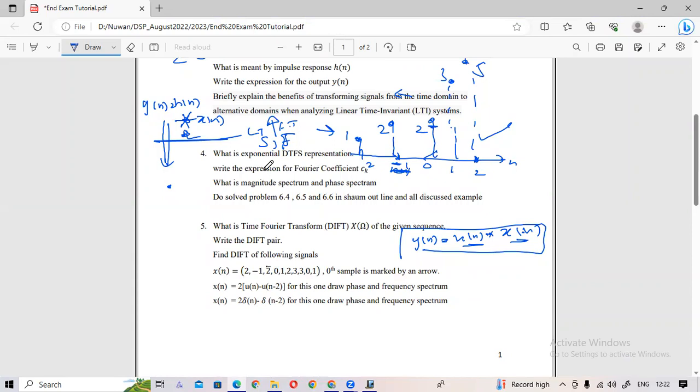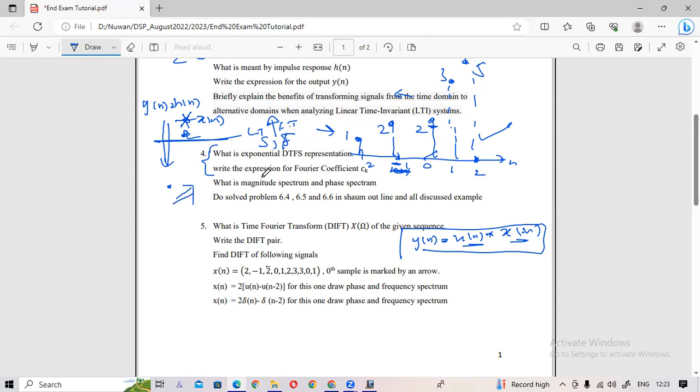So actually you no need to remember this, okay? This will be given. And what you have to do is find the Fourier representation and draw the magnitude spectrum, magnitude and phase spectrum. So that is what you have to do, okay?